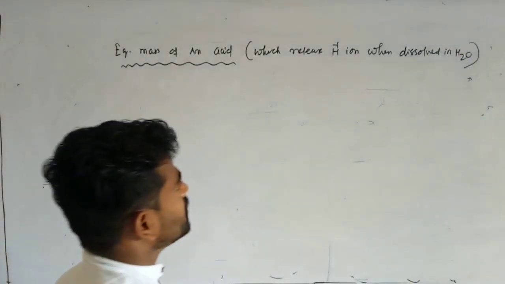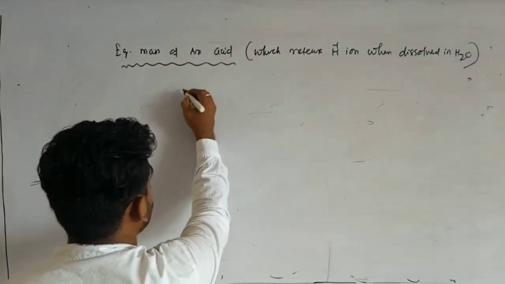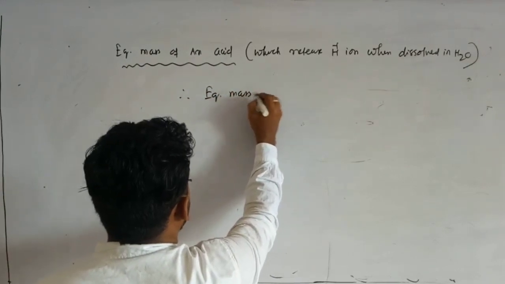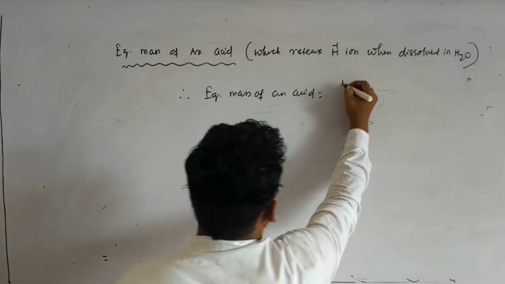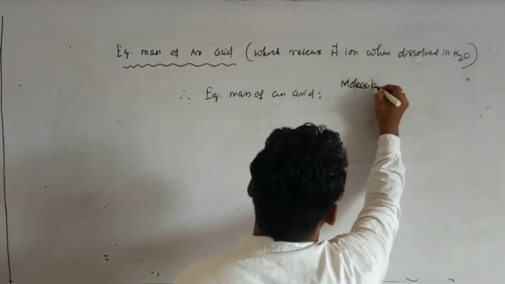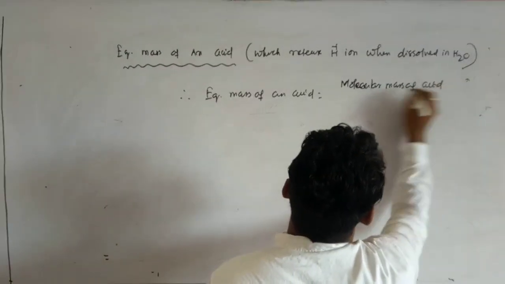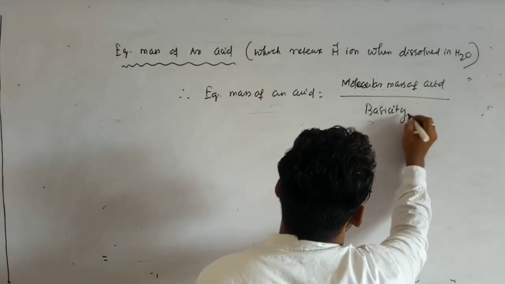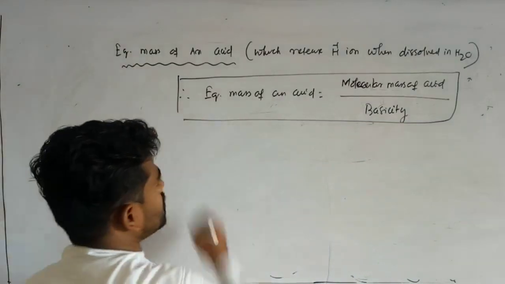Okay, so you just remember over here that equivalent mass of an acid is equal to its molecular mass divided by basicity. Basicity. Okay, in the formula I will tell you what you mean by basicity.